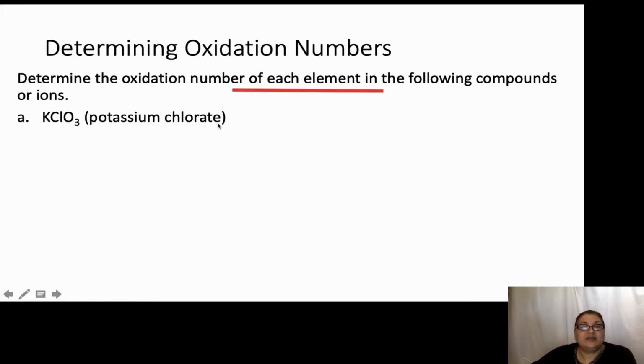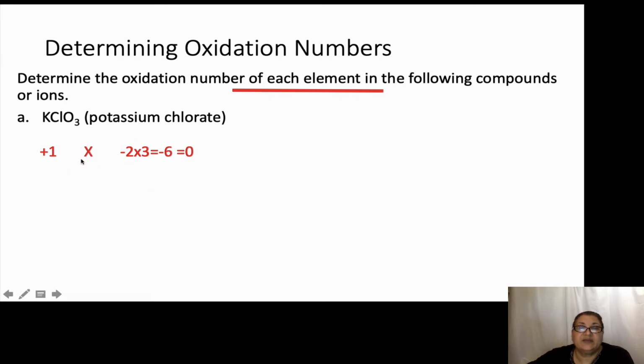KClO3 is potassium chlorate. Potassium we know is +1 because it's in group 1A and it loses 1. Oxygen is always -2, but we have 3 of them, so it's -6. So +1 plus x minus 6 equals 0 because the overall charge is 0. Then we solve for x.